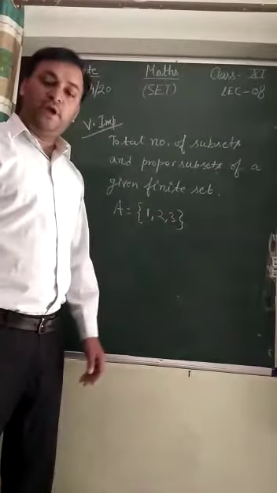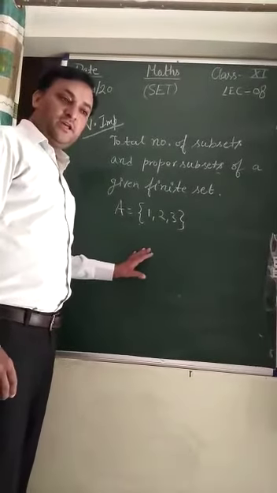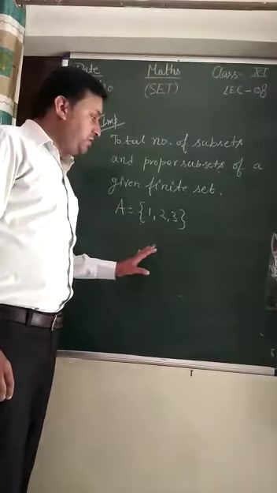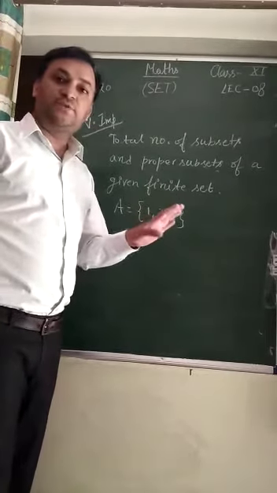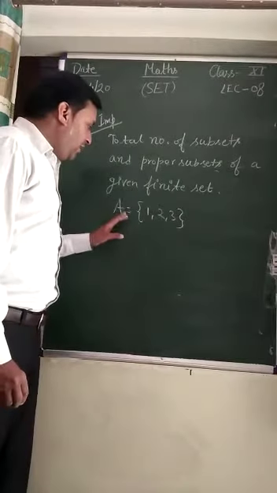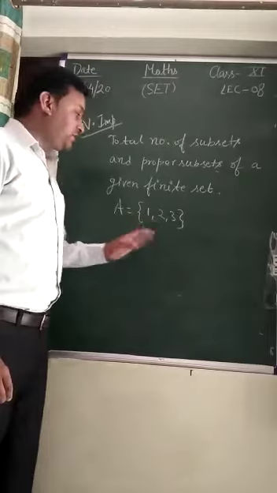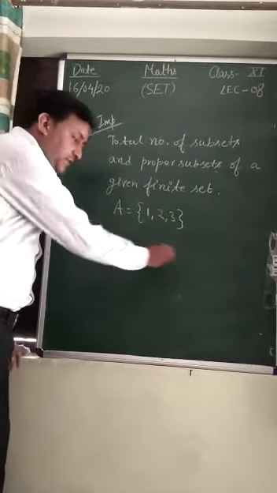So how can you make them? Students, yesterday we saw an important point, that the empty set is a subset of every set. So while writing all the subsets of this set, we start from the empty set.